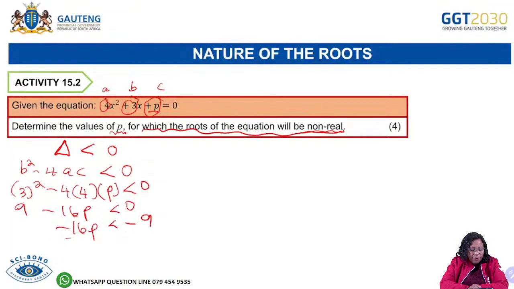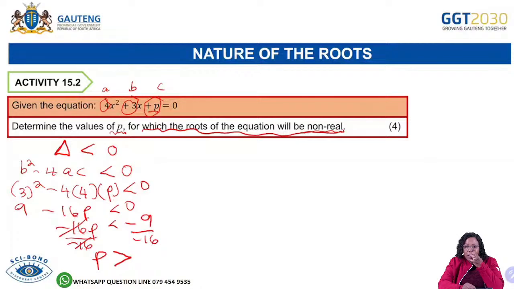Now we divide by minus 16 on both sides. The minute you divide by a negative value, the inequality sign changes, the same as when solving inequalities. This will be a positive 9 over 16. So the p value must be greater than 9 over 16 to satisfy the condition.